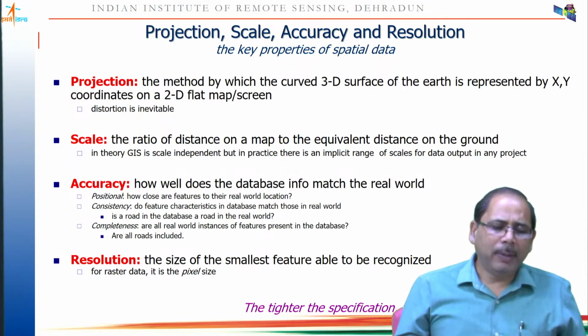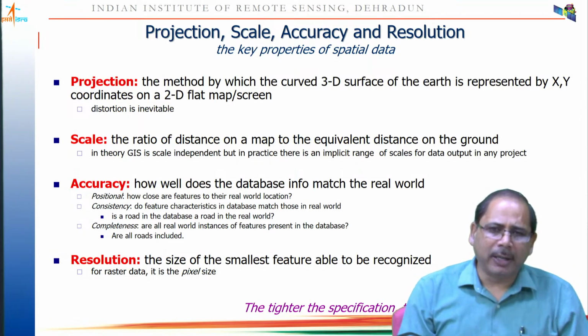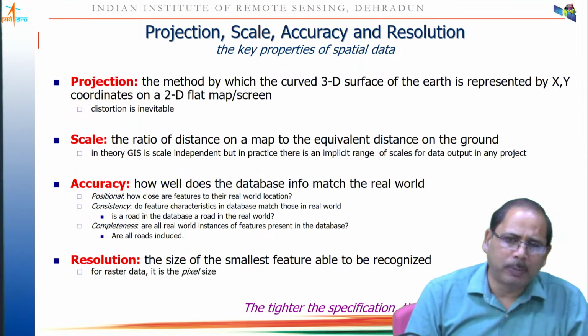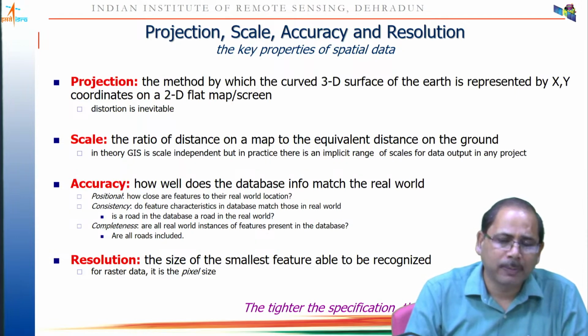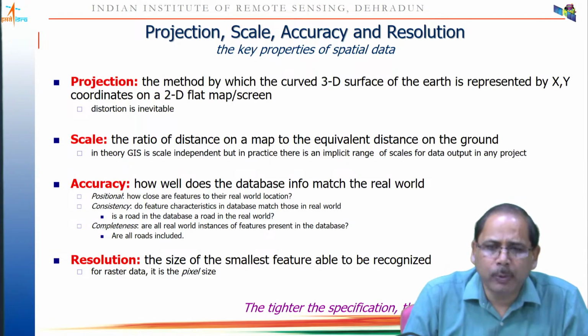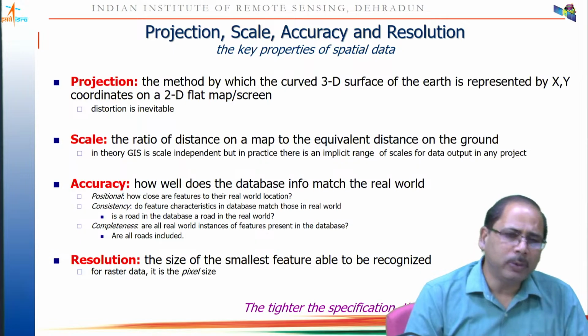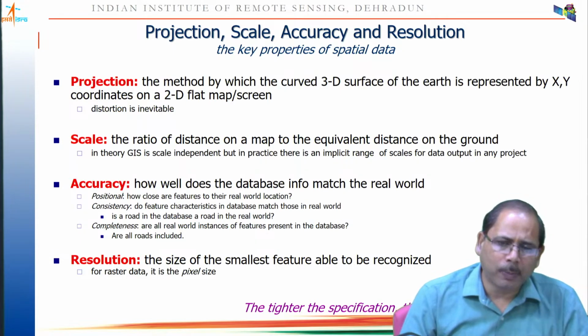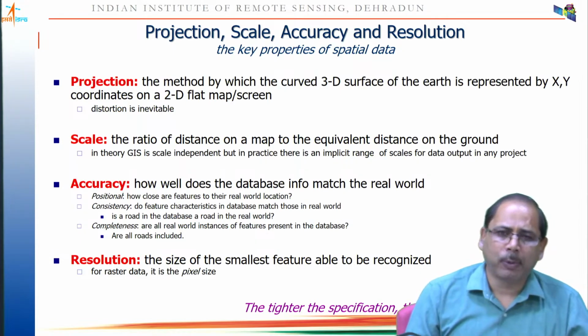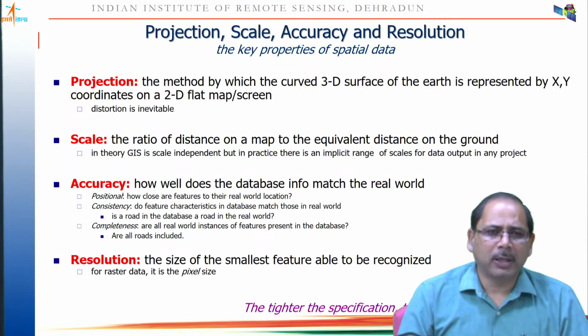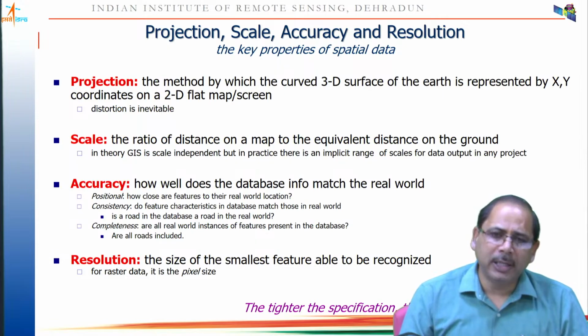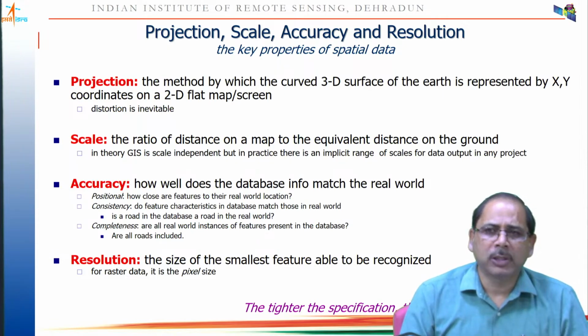In a nutshell, you have the earth as 3D, and suppose you want to create a map of the earth. Typically maps are two-dimensional representations. So you have to convert the 3D information into 2D information. To perform this operation, there is a mathematical approach we call a projection system. So without losing the information, we can convert the 3D surface into two-dimensional maps. This process is called projection.